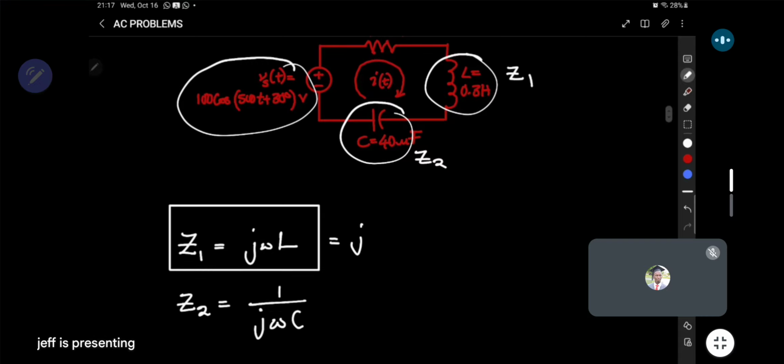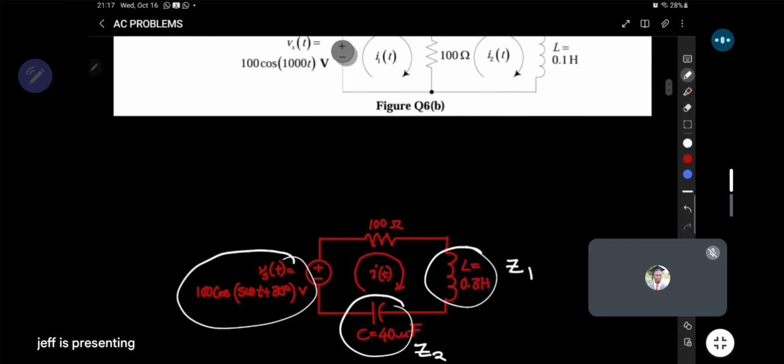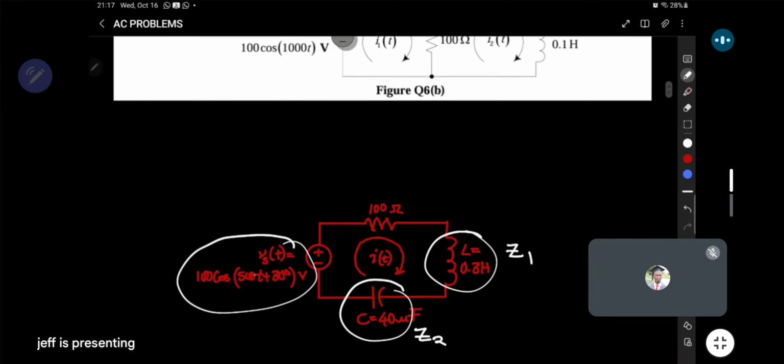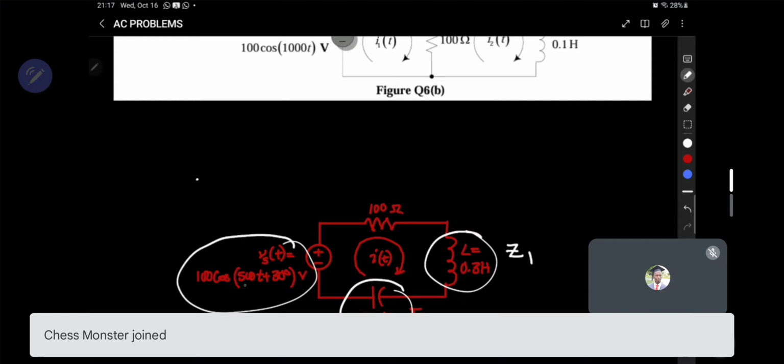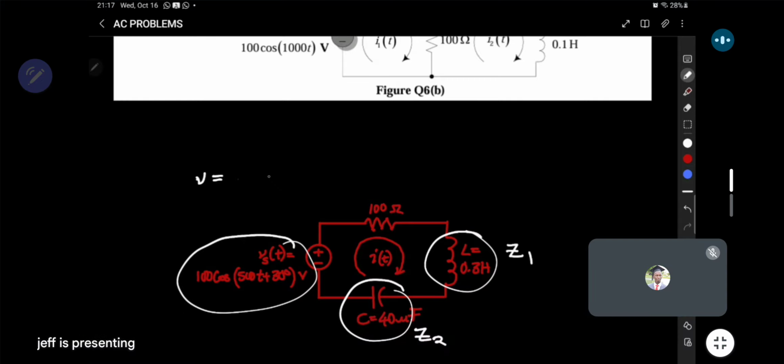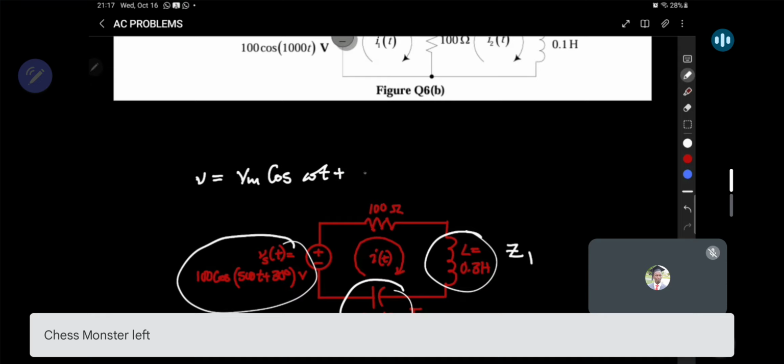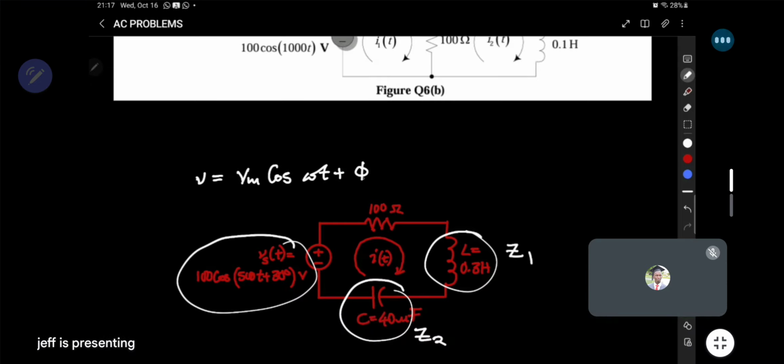we have j, the angular frequency. So the angular frequency comes from the problem, and we know to say here the waves are presented in the form V max, and then we have cos omega t plus the phase shift there.